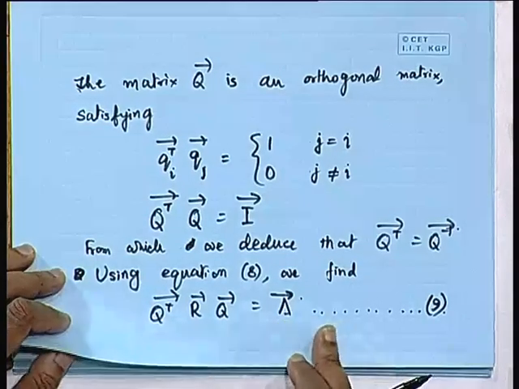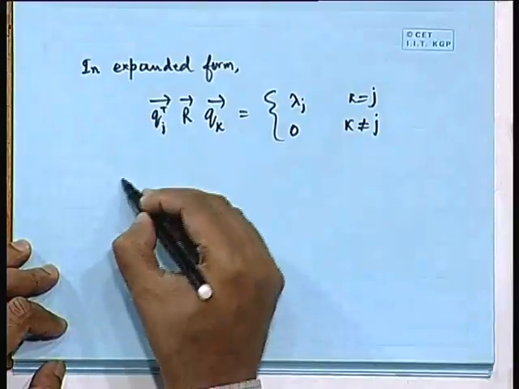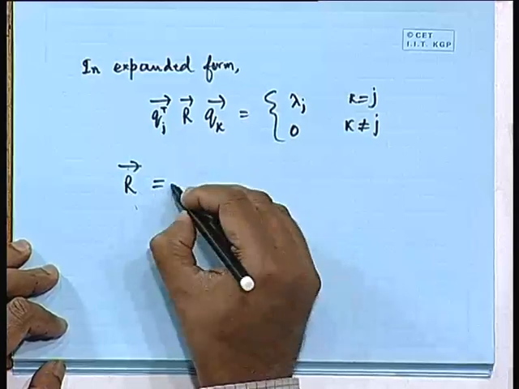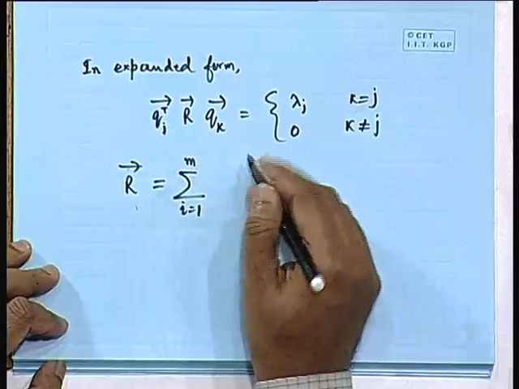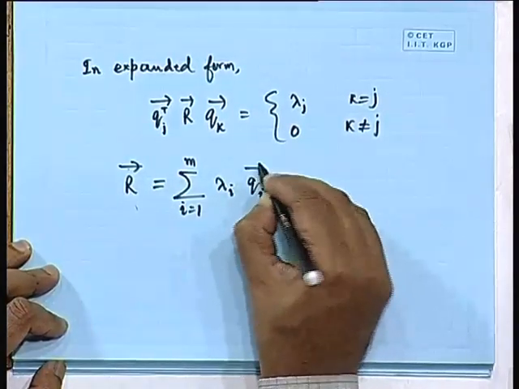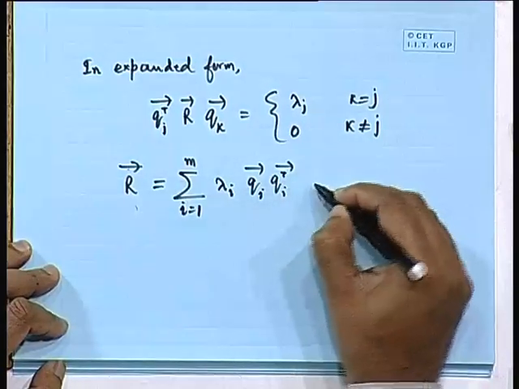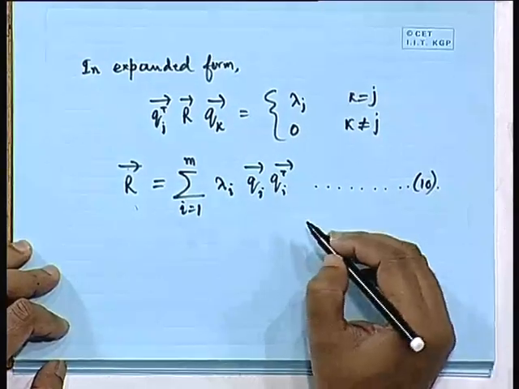Lambda is just a diagonal matrix consisting of the scalar elements, and then we can represent the R matrix in the expanded form as the summation over i from 1 to m of lambda i q i q i transpose. This we can write as equation number 10.